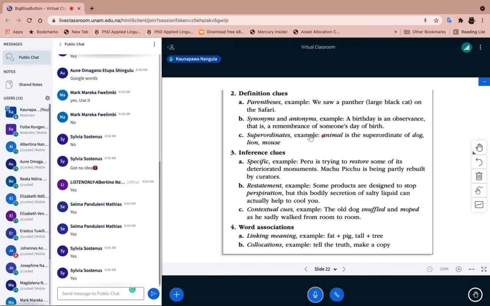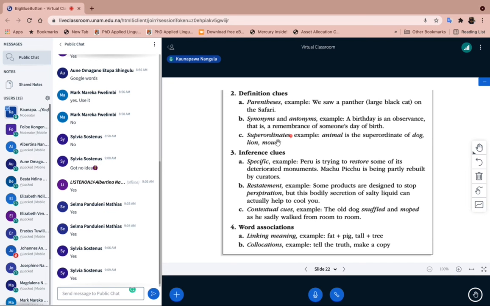Then superordinates. For example, animal is a superordinate of dog, lion, and mouse. So superordinate is more like, how do you say, a tree, when you are trying to help your learners understand.